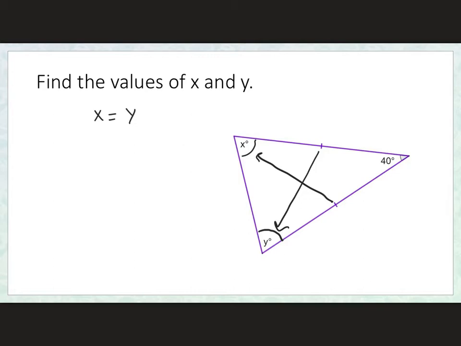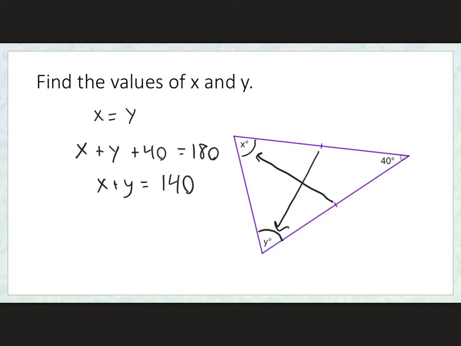We also know that all the interior angles of a triangle add up to 180 degrees. So that means that angle x plus angle y plus the 40-degree angle will be 180 degrees. And we can subtract 40 from both sides. x plus y equals 140.